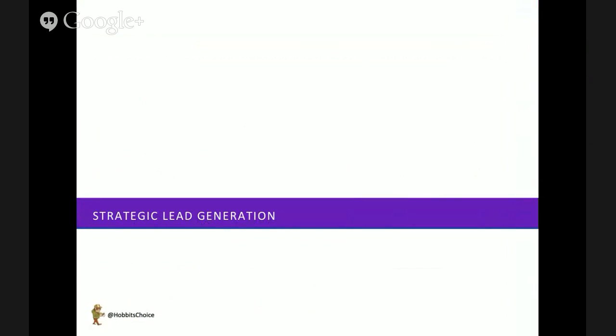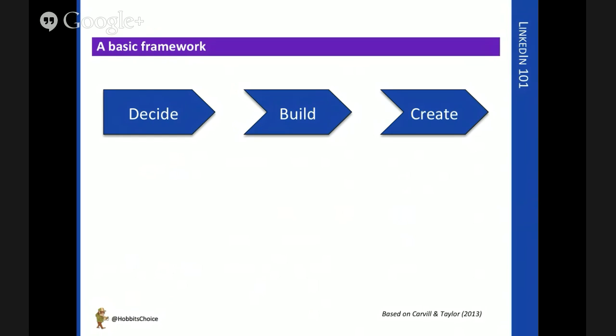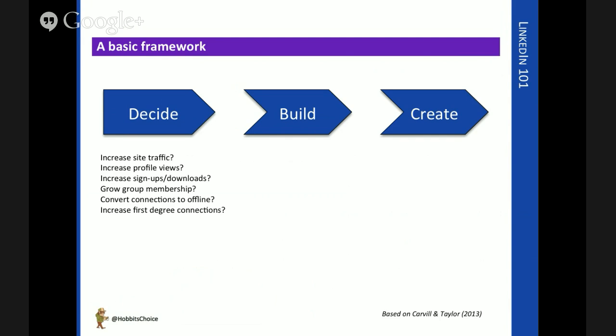And then, once you've got the connections, you need to mine them for leads. Carville and Taylor suggest that there are three key stages in this process of lead generation: deciding, building, and creating. The decide stage, the starting point, is that there are certain fundamental questions you need to ask yourself. What's the purpose of this LinkedIn page? Increase traffic to our main website?